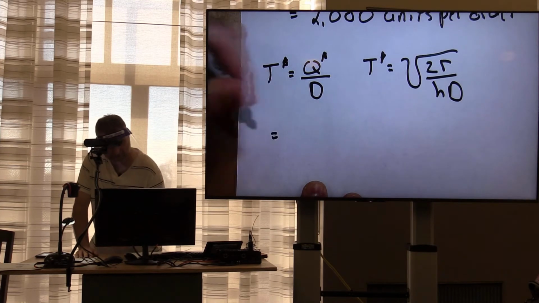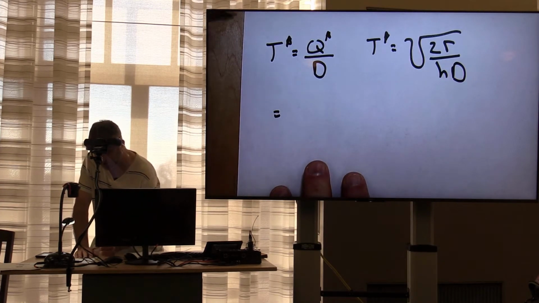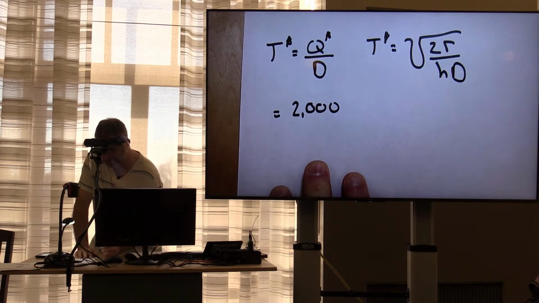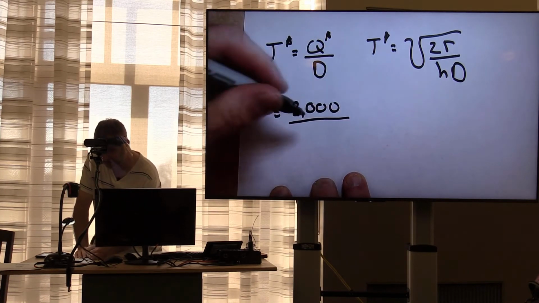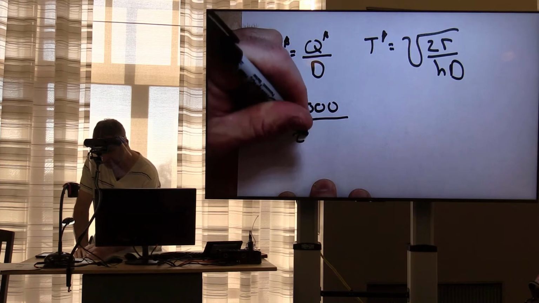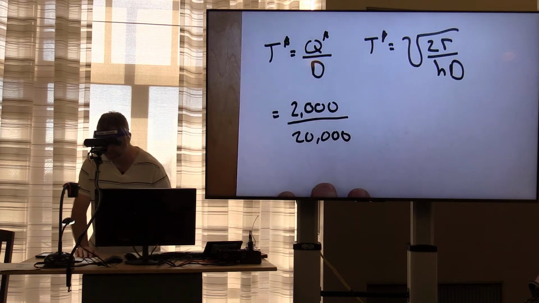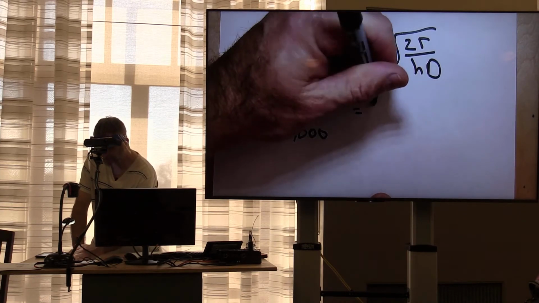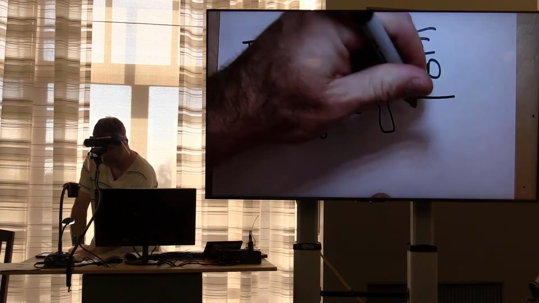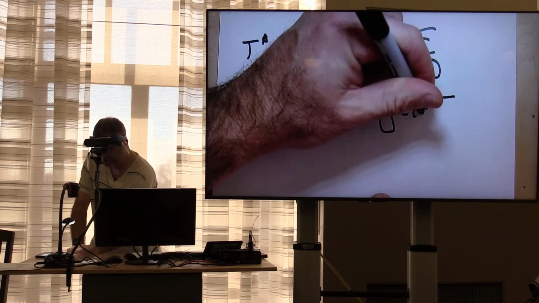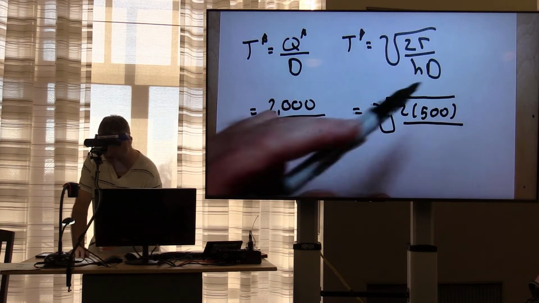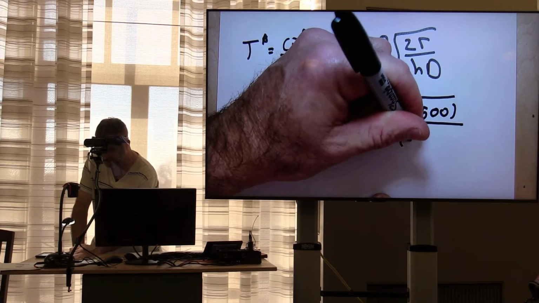And so if we do it the first way, we said Q star was 2,000 per order, and we need 20,000 per year. The other way of calculating it was the square root of 2 times R, which was 500, all divided by H times D. H was 5.